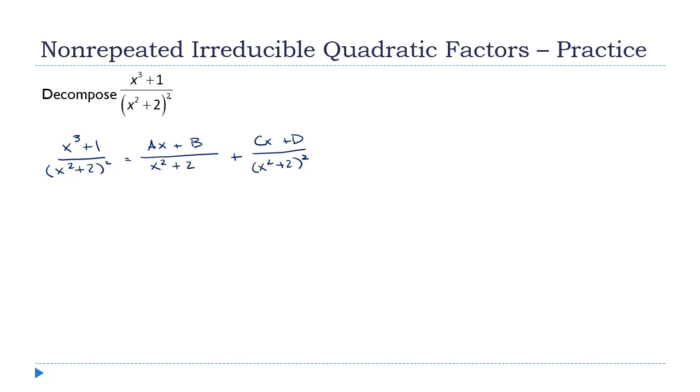Okay, so you see this one, it isn't too bad. That last rational expression actually already has the common denominator. So all I need to do is multiply this first one, top and bottom, by x squared plus 2.